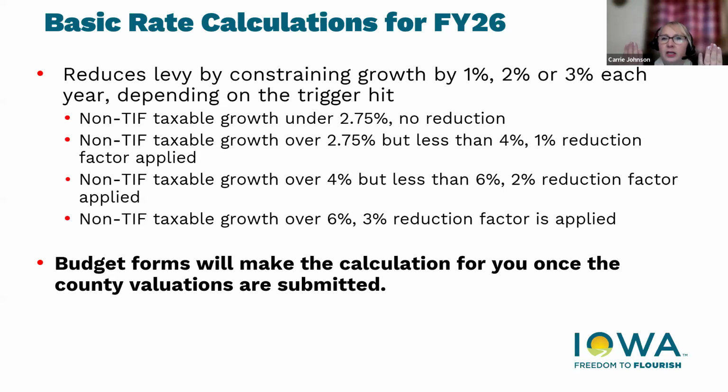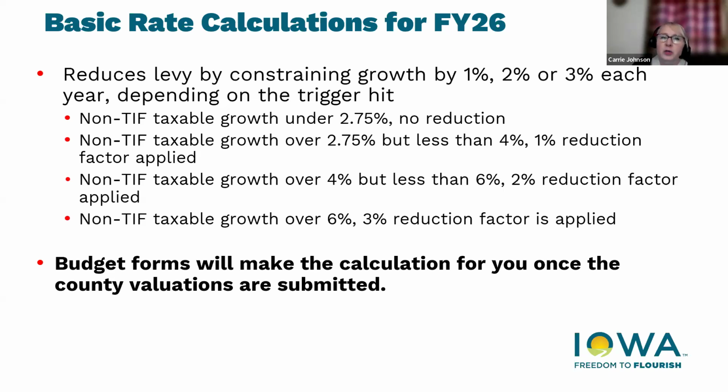So what is the value that can be taxed against in 26? And how much did it grow? Was there growth? If your growth was under 2.75%, then there is no reduction factor applied. You can essentially obtain the amount of growth that is available to you.